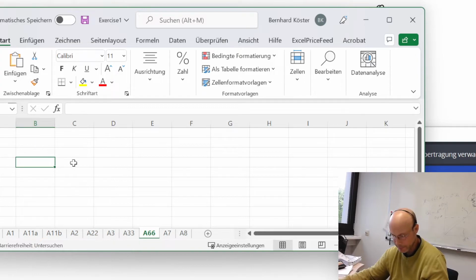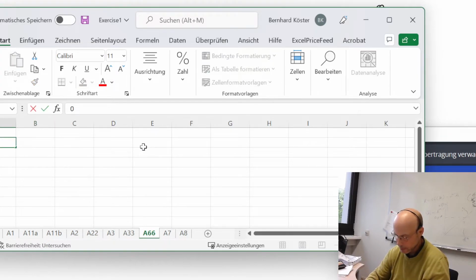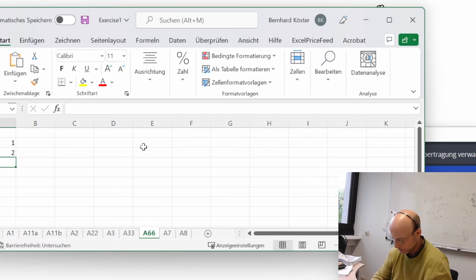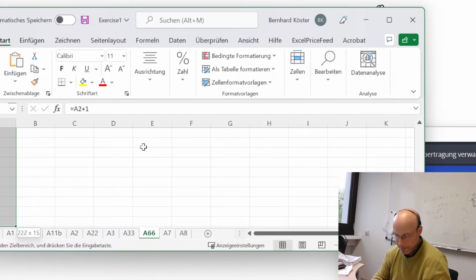What do we have? We have 1 equals plus 1 up to 100.